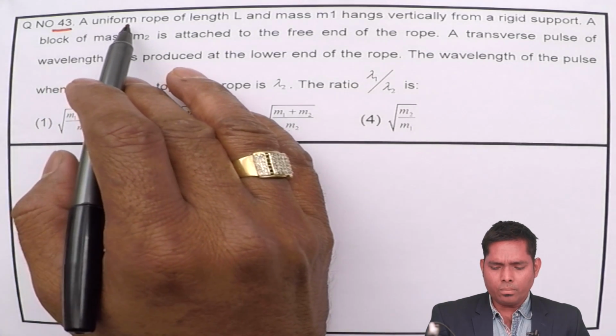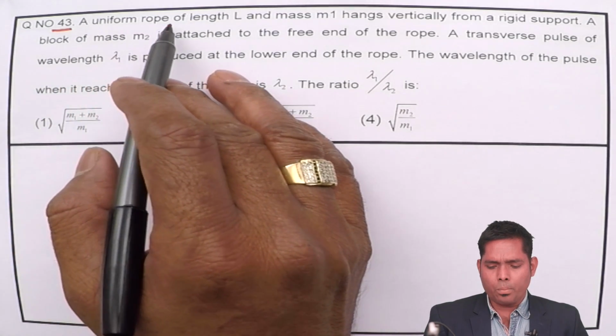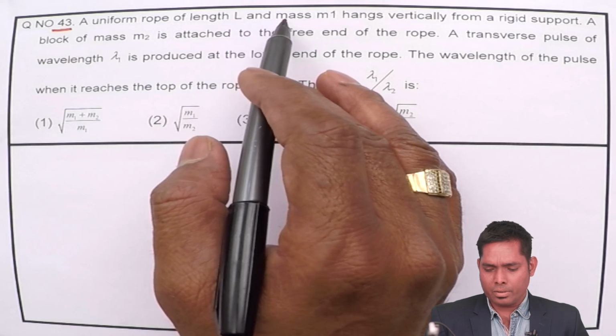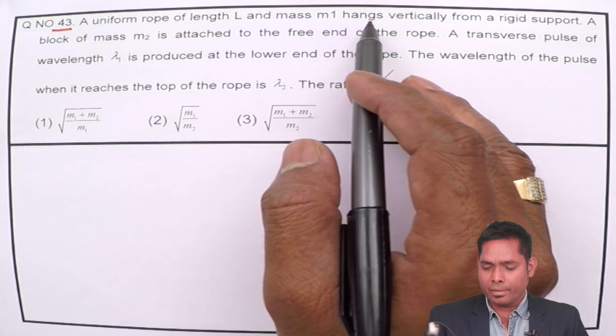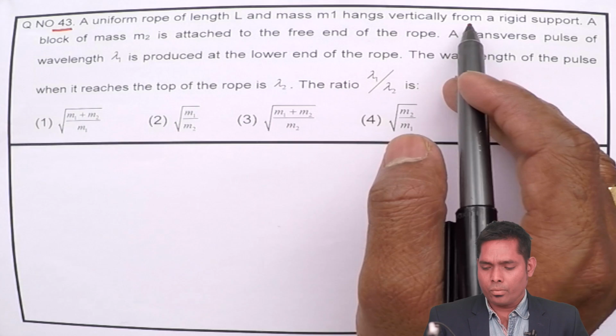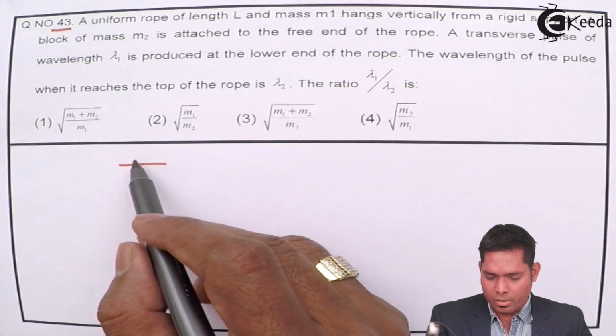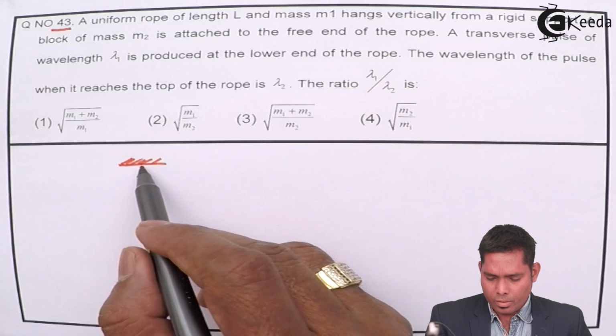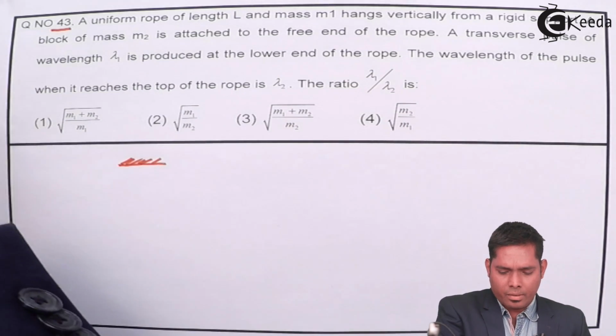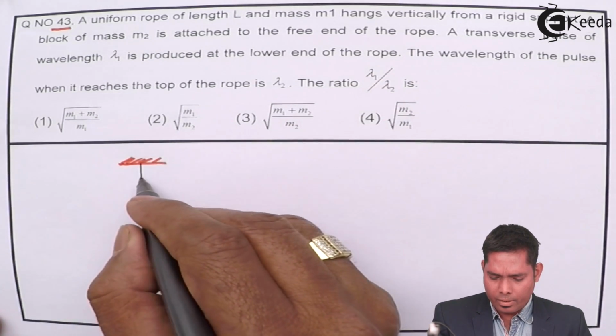A uniform rope of length L and mass M1 hangs vertically from a rigid support. This is the rigid support, and the rope is hanging like this.